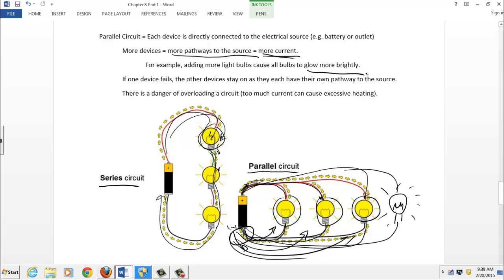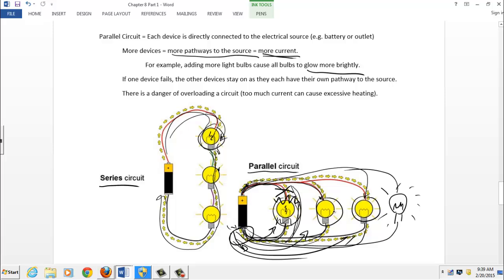Now, if one of the light bulbs burns out, well, that causes an open circuit and a breakdown of one pathway. So if the light bulb breaks here, then the electricity can't run through this pathway, but the other pathways are still available. They're still forming a closed loop to the battery, and so the other bulbs will remain lit.